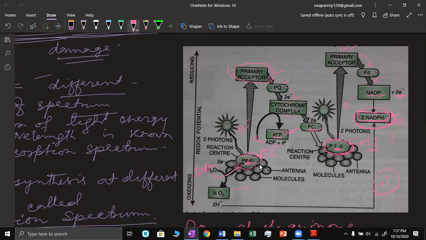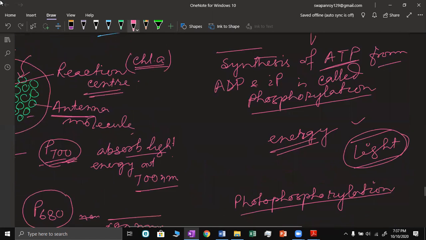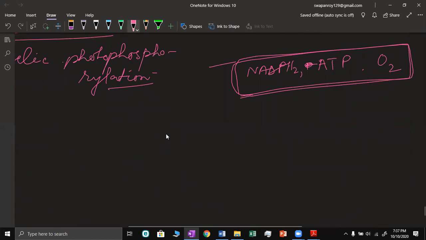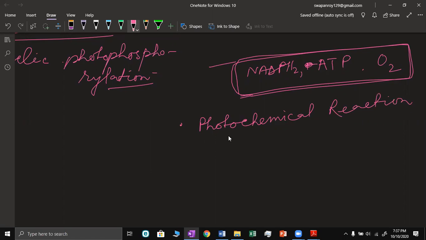We call it the photochemical reaction, a light dependent process, and that's why it is the light reaction.